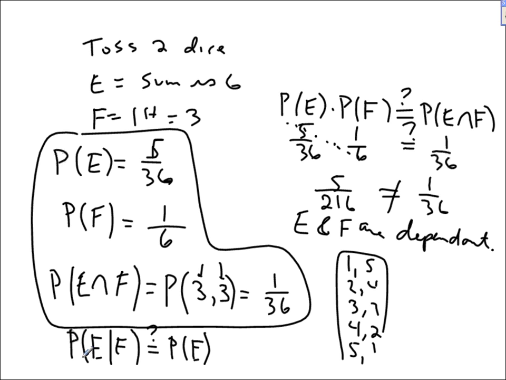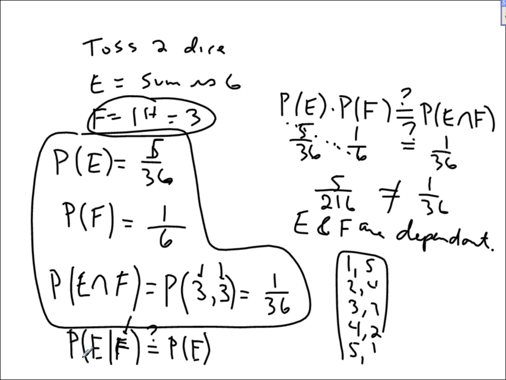Well, the thing is, if the first toss is a 6, then the probability of E given F will be 0, because if the first is a 6, then there's no chance of E happening.